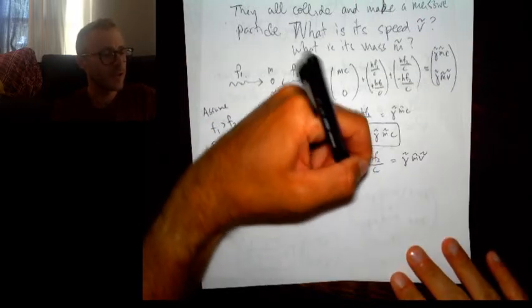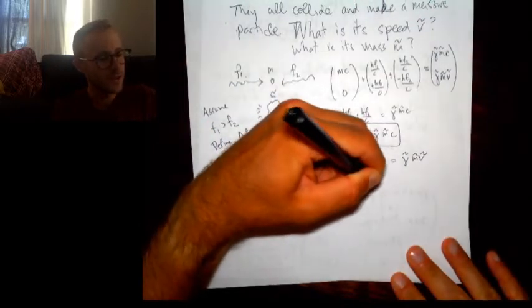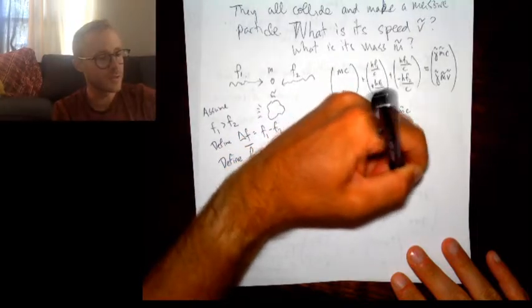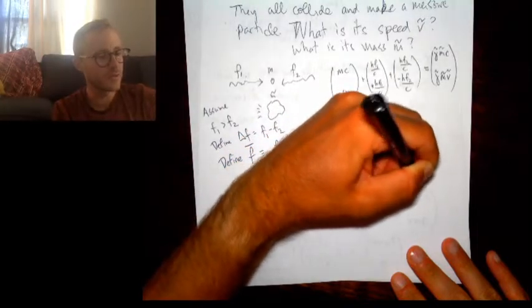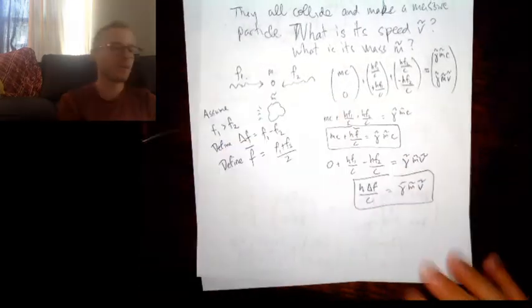Which can be written as H delta F over C equals gamma squiggle M squiggle V squiggle. So this is our second equation.